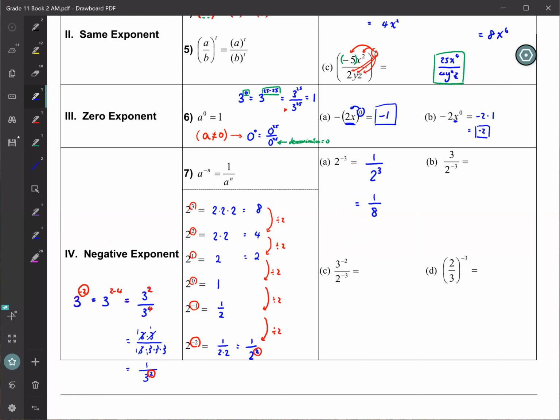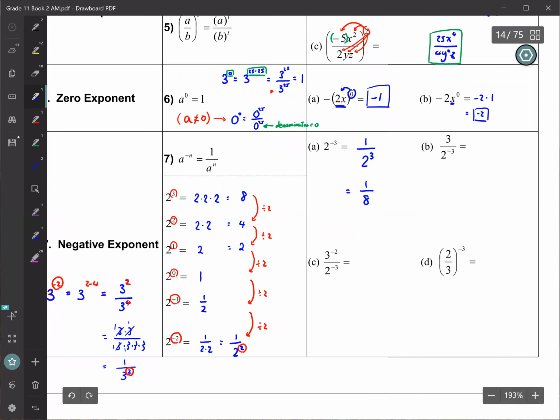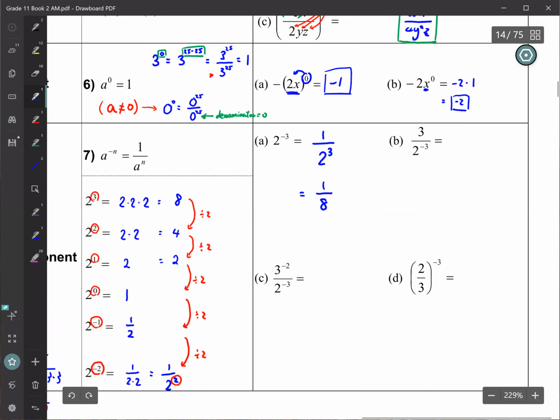Now B, what about question B? Eric, what do you think we should do for B? You put 2 to the power of -3 on the top because it'd be 3 over 1/2 to the power of 3. Oh, okay. So if we ignore the top for now, 2 to the -3 is the same as 1/2 to the 3.